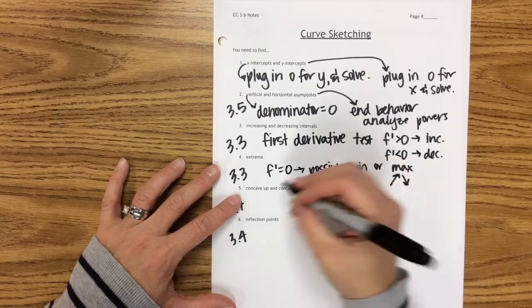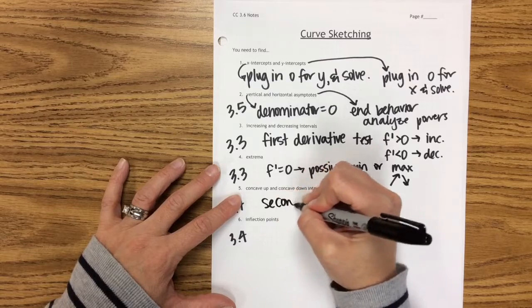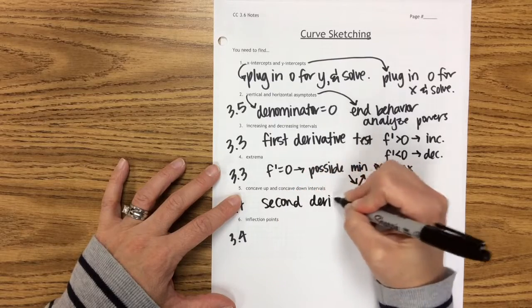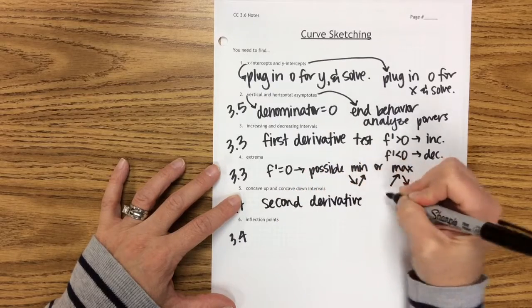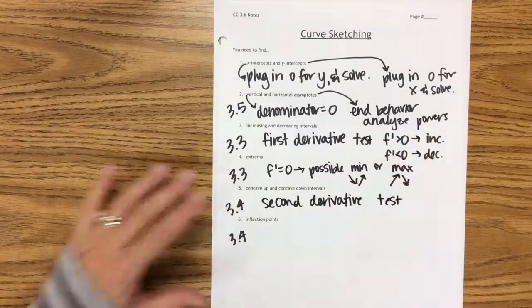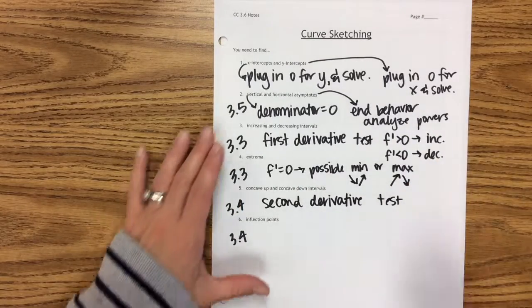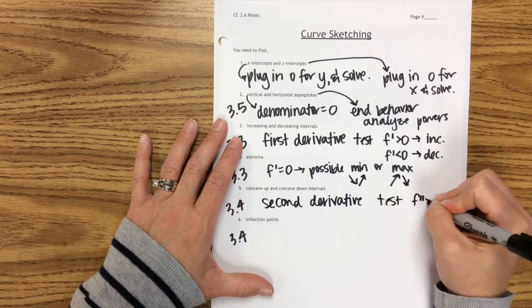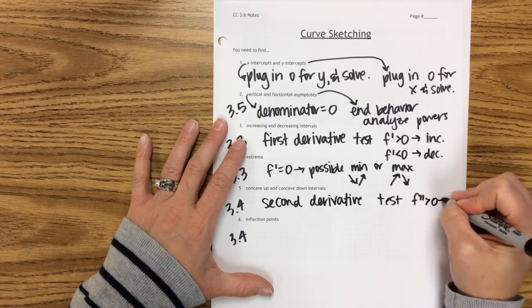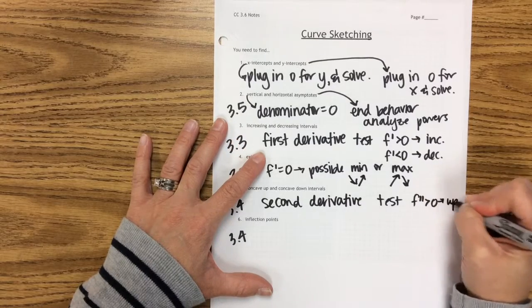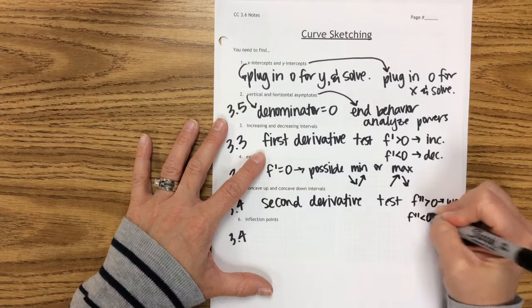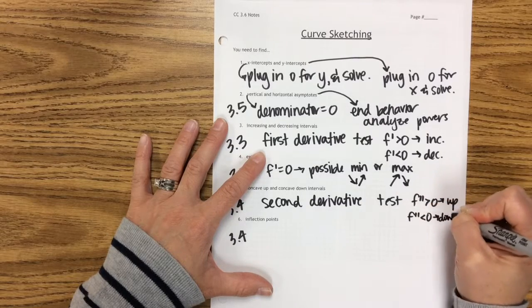For concavity, it is the second derivative test. With that one, it is looking at the second derivative, and if it is positive, it is concave up. If it's negative, it is concave down.